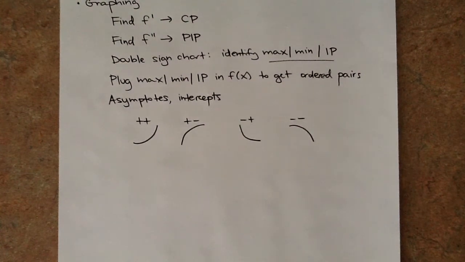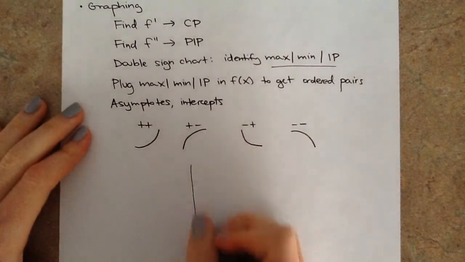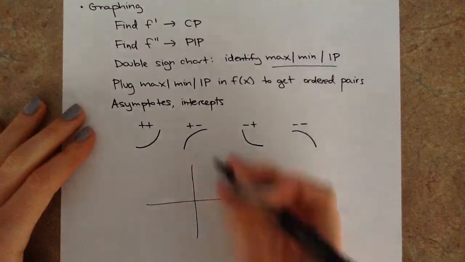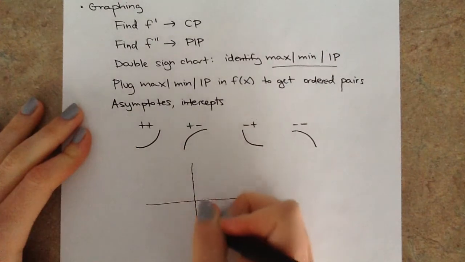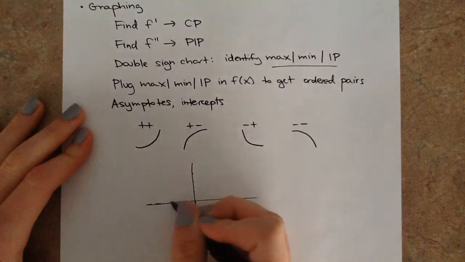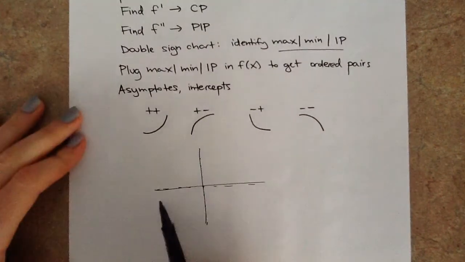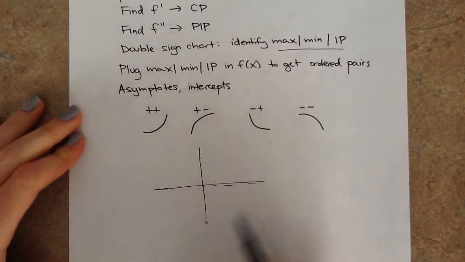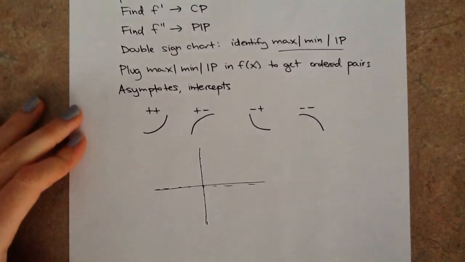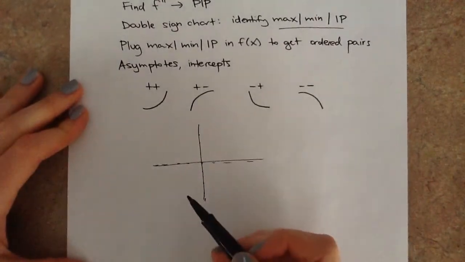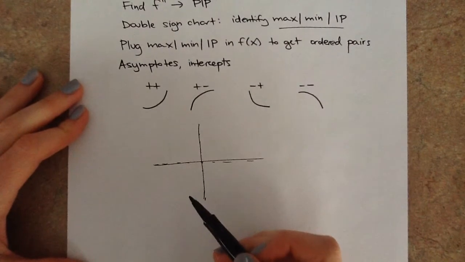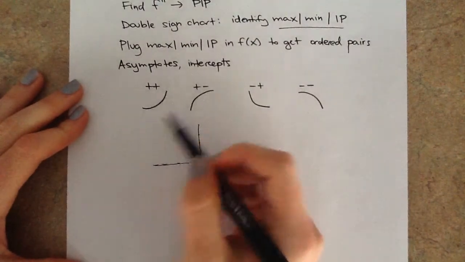If you're looking at a rational, for instance, let's say you had an easy x-intercept and an easy y-intercept, and you weren't sure if it was supposed to be here and here versus here and here. You would just look at the shapes. Let's say to the left of 0, you were supposed to have this shape.